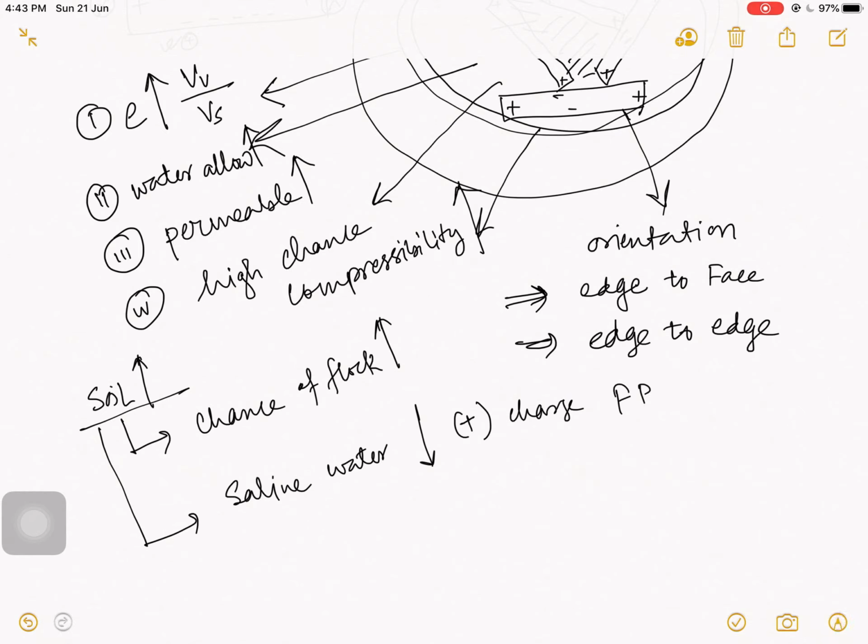If positive charge is reducing, then the repulsion will go down. If repulsion is down, closeness increases. If closeness increases, then the chances of making flocks are high.